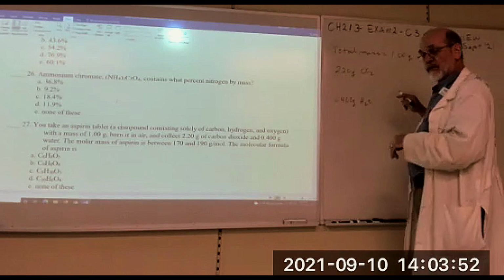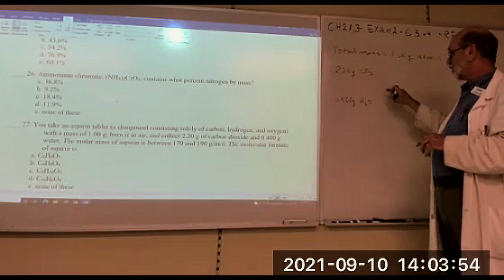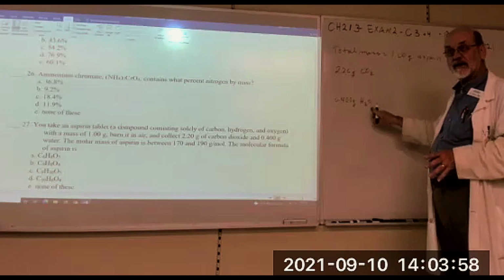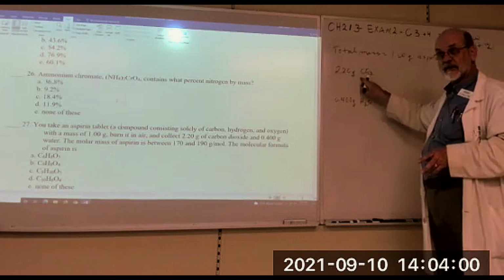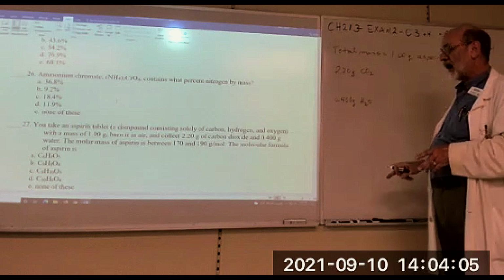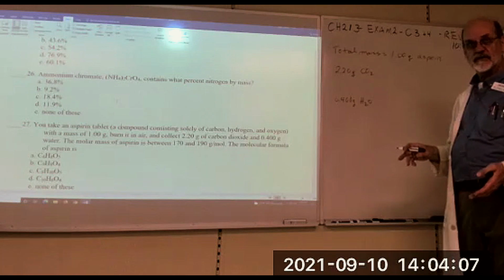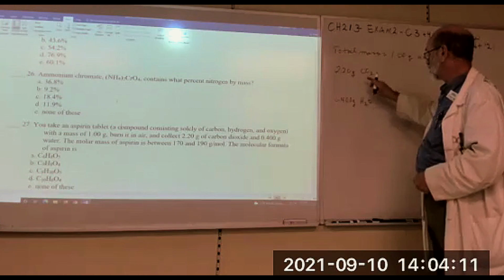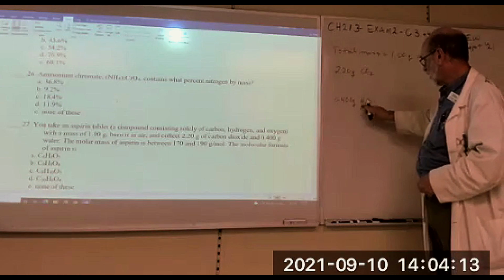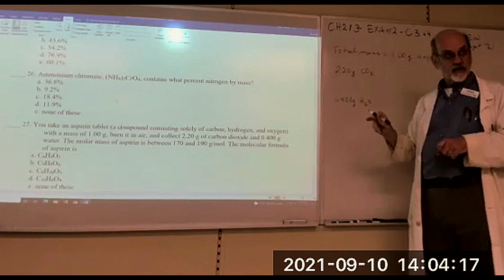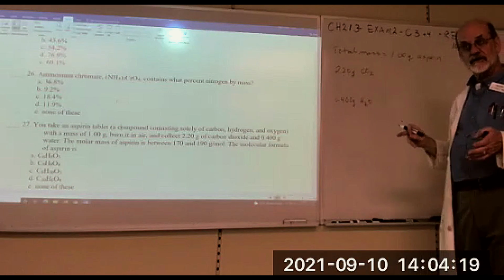If you're burning it in air, you can't determine oxygen from this value, but you can determine carbon from that value and hydrogen from this one. So carbon, hydrogen, and the oxygen will be by difference, because once you find the mass of this one and that one, that total subtracted from 1 is what's left over as oxygen.